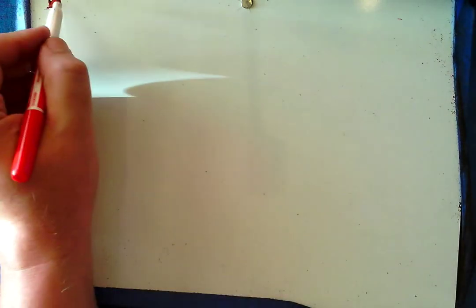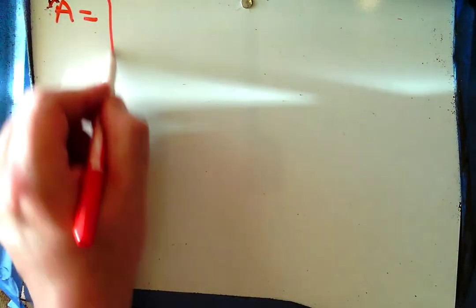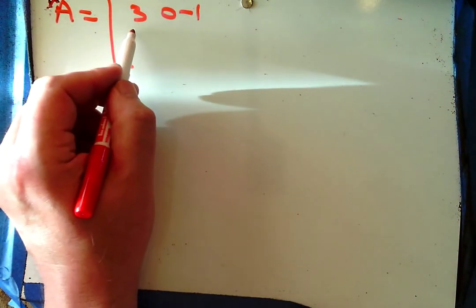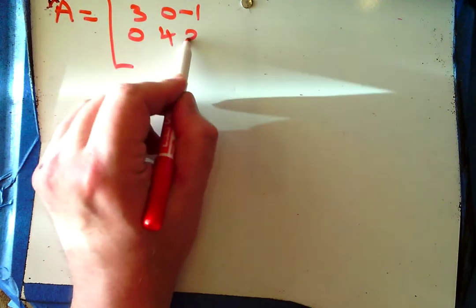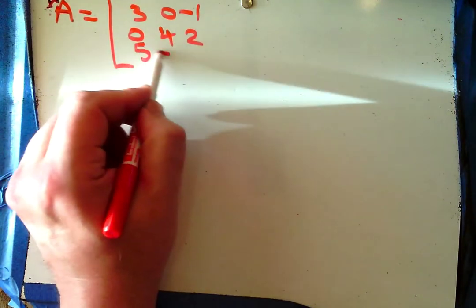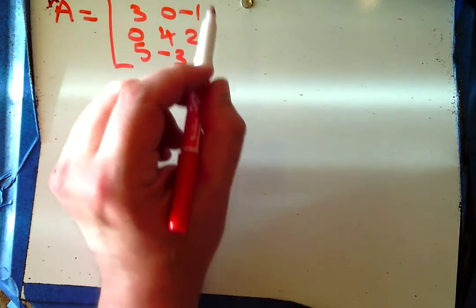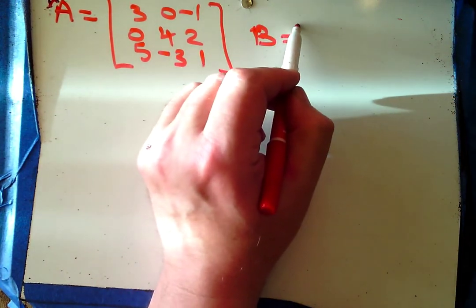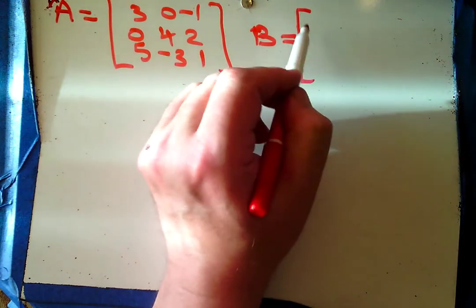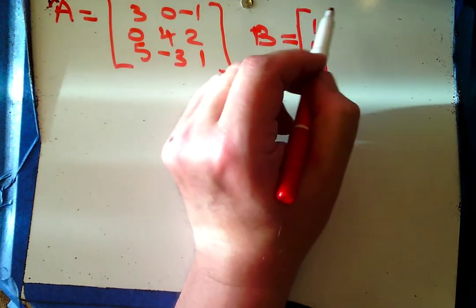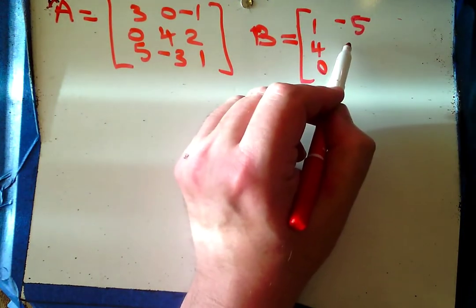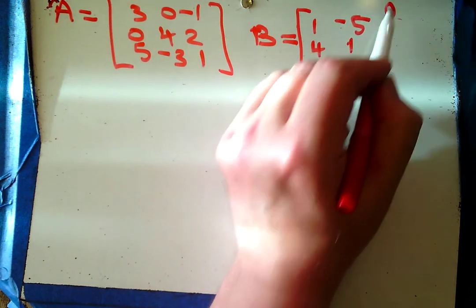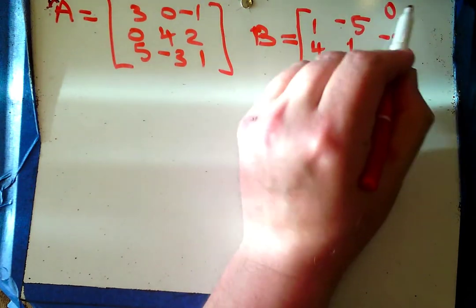What about A equals 3, 0, negative 1, 0, 4, 2, 5, negative 3, 1, and B equals 1, 4, 0, negative 5, 1, negative 1, 0, negative 2, 3.